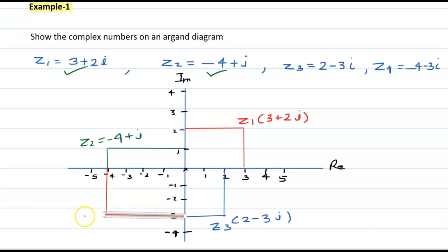Yes, that's better. So this is z4, that is minus 4 minus 3i. So this is the way we represent complex numbers on an Argand diagram.